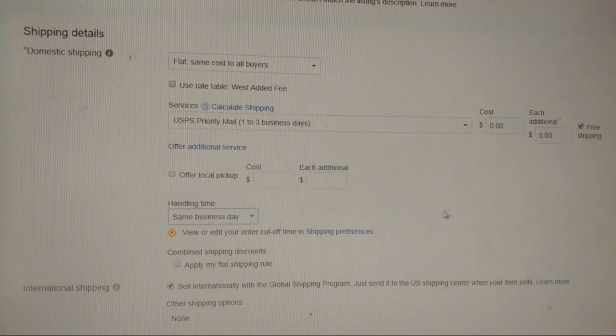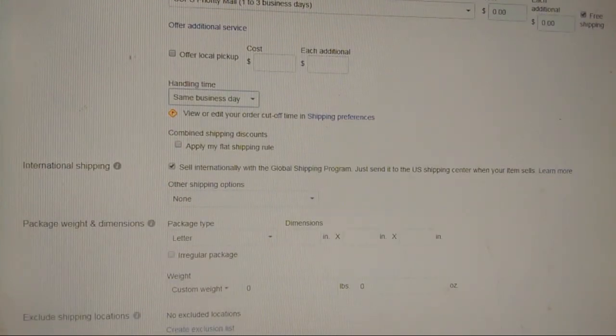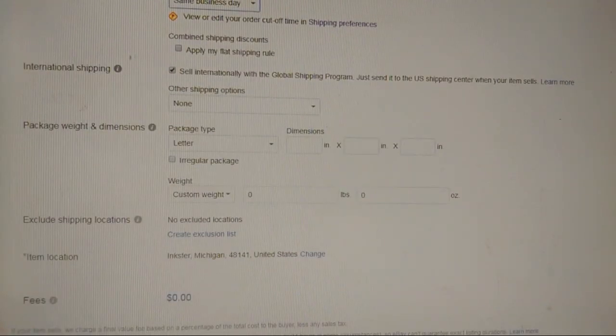If one person is saying, yeah, your item might be $1 cheaper, but you're not going to get it till next week, and this person is saying, for $1 more, I'm shipping it today, then I'm going to pay the $1 more to get my item today. Especially if you got items that are attractive during Christmas time, toys, gift items and things like that. So don't always think lower your price right away, because there's some other things you can do.